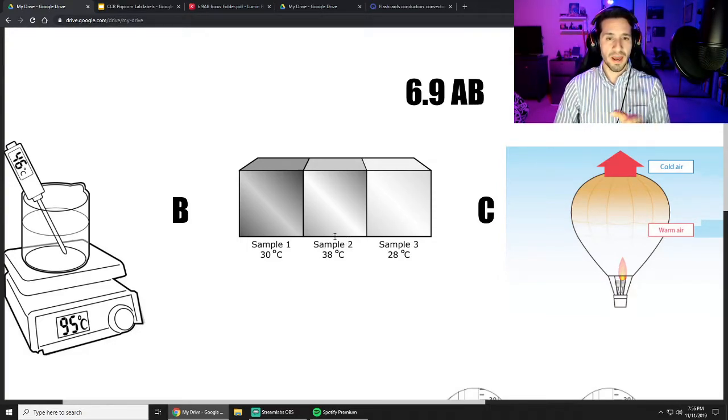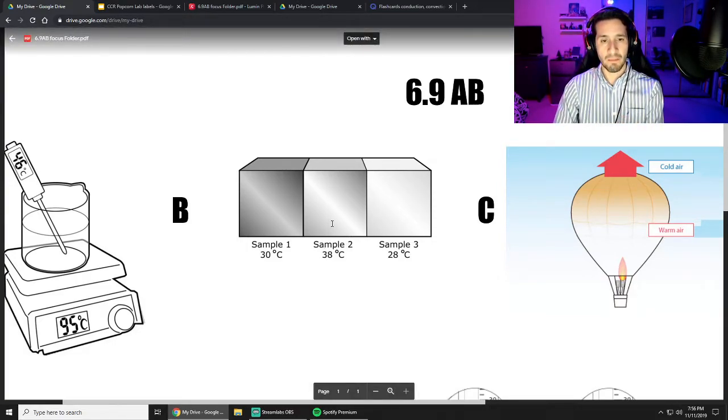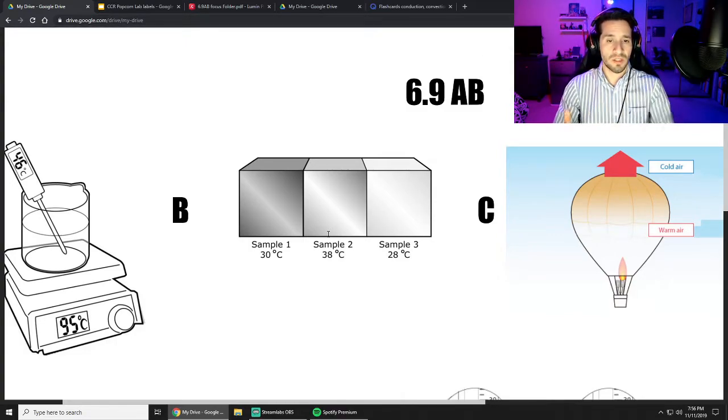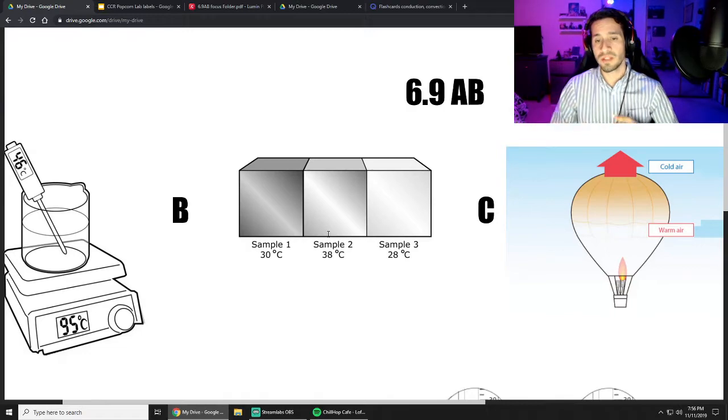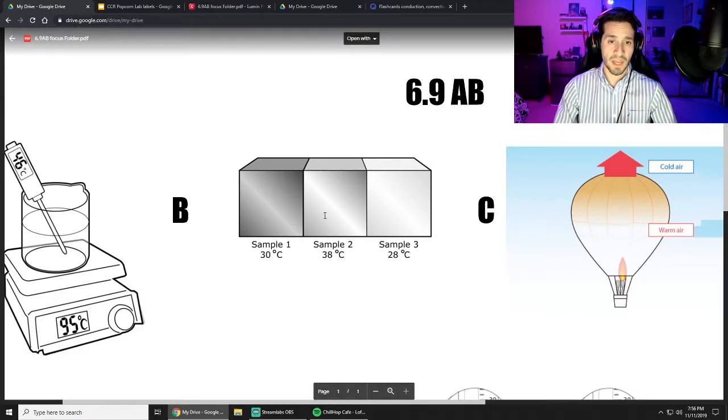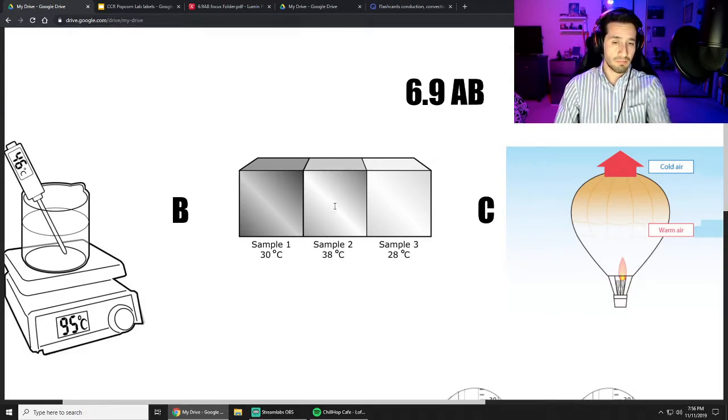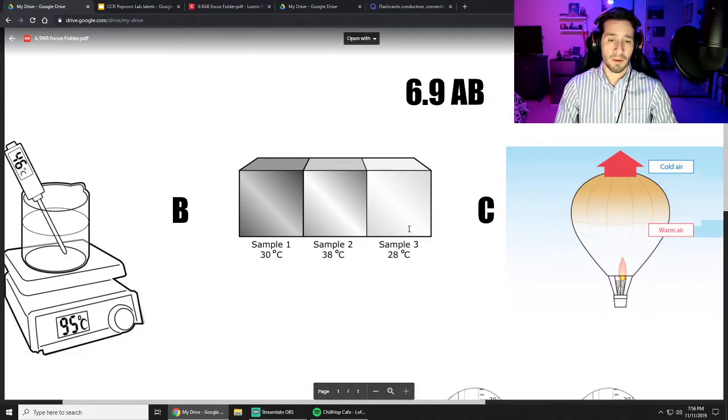So what's going to happen if they ask you about the thermal energy transfer from sample 2 and sample 3? Well, it's easy. You just need to go for the hotter source, or the heat source, which is going to be your sample 2, and it's going to be transferring all that thermal energy to the sample 3.